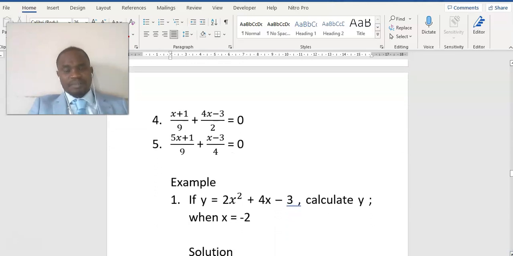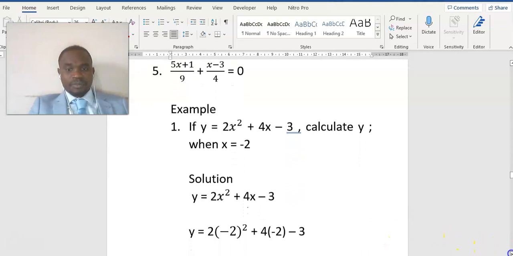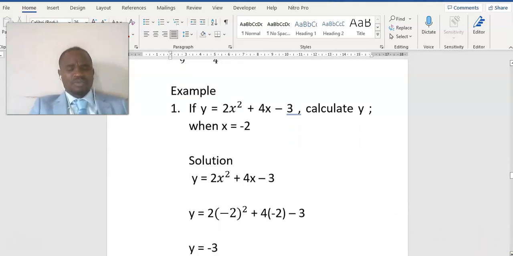Then let's look at this. If y is equal to this, calculate y when x is equal to minus 2. How are you going to calculate y?